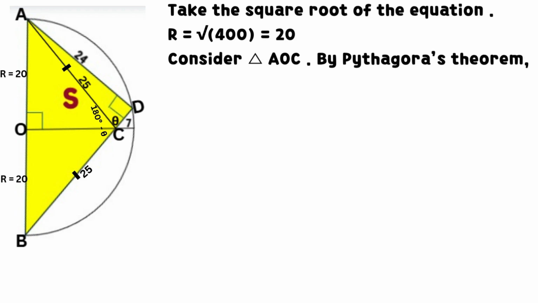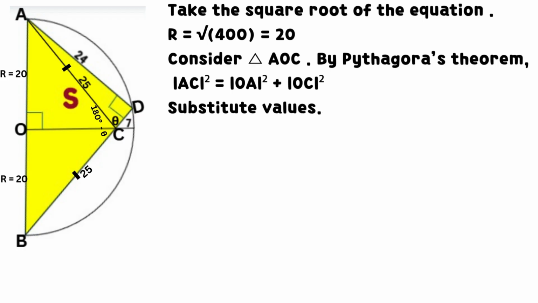Consider triangle AOC. By Pythagoras theorem, the square of line AC equals the sum of the square of line OA and the square of line OC. Substitute values. We have that the square of 25 equals the sum of the square of 20 and the square of line OC.